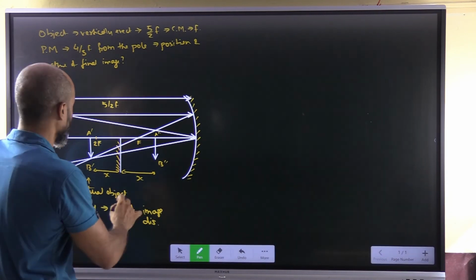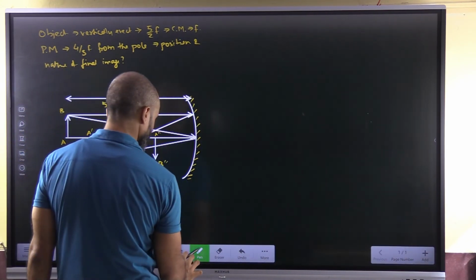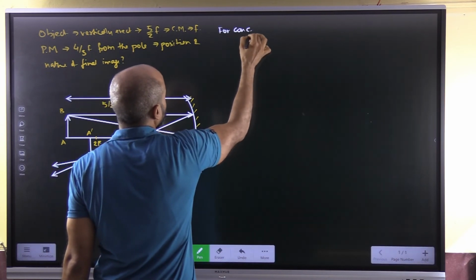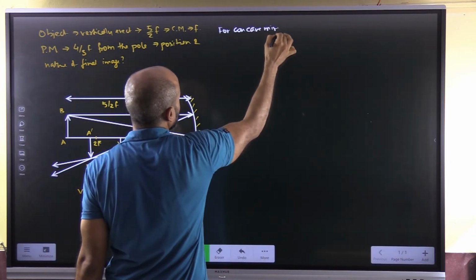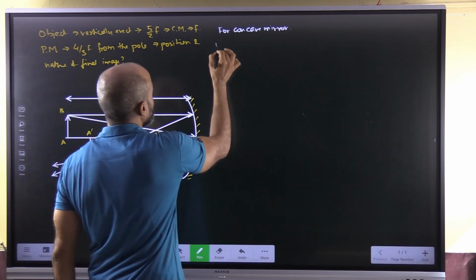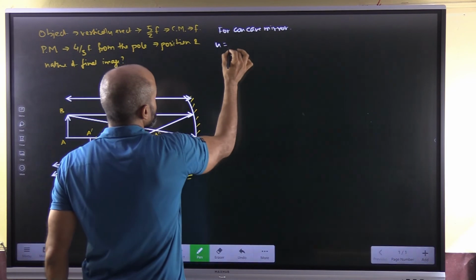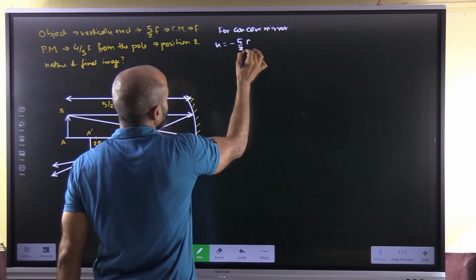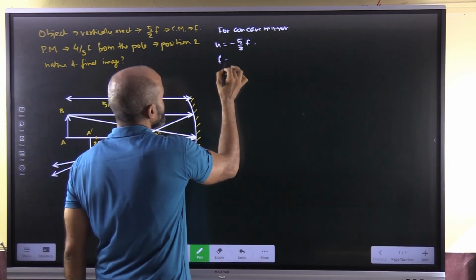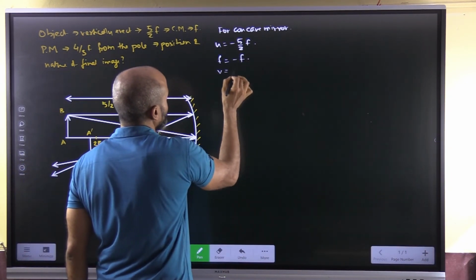Okay, so let's calculate. If I take this for the concave mirror, what is the value of u? U here is minus 5/2f. F is minus f. So what will be the value of v?